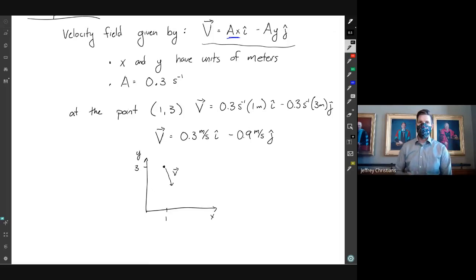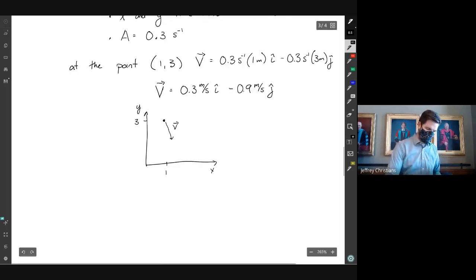If we wanted to, on this graph, we could plot every single vector, or a whole bunch of vectors, and get an idea of the shape of the flow. A better way is to figure out what the streamlines are going to be and what they're going to look like in this flow.